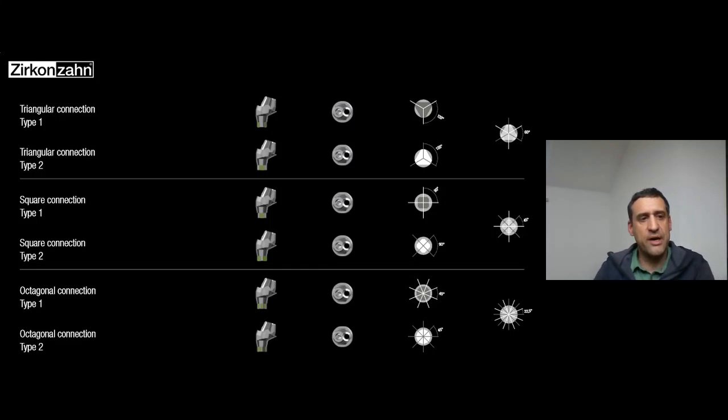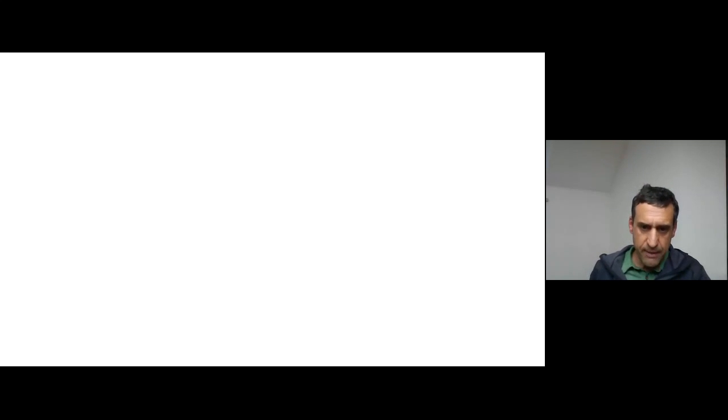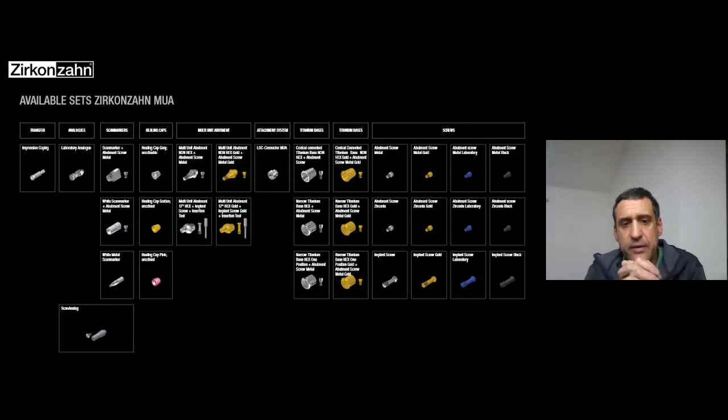I'm 100% sure that with all these choices you can find the right angulation and the right position for your case. And the really big advantage for Zirkonzahn users, of course, is that you can find all these components directly in the software, in the library. I will show you later in some slides how it runs directly from the library into the software.